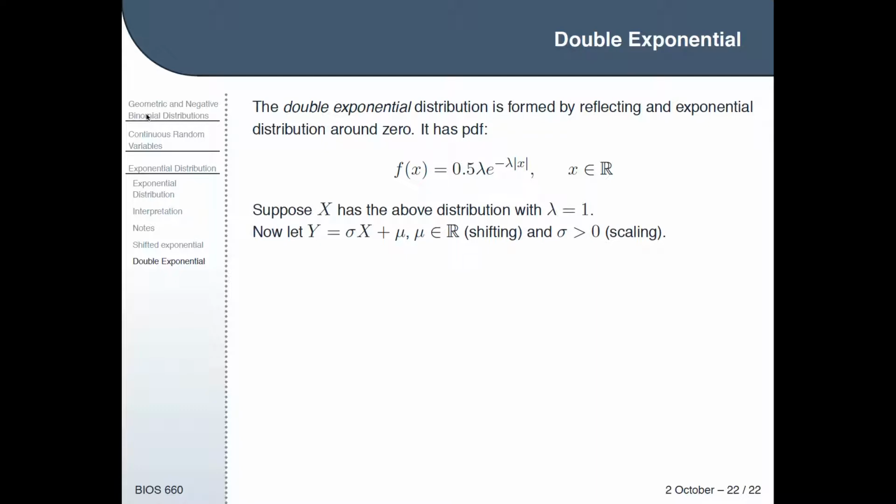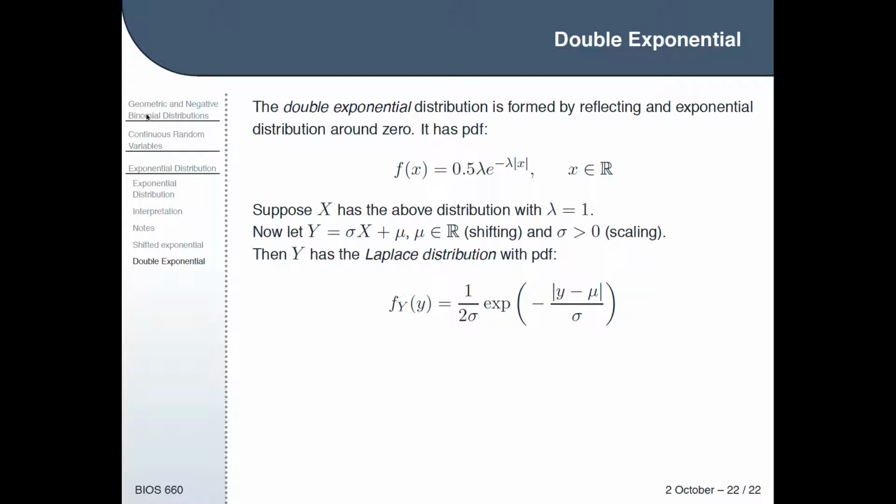And if you take this double exponential distribution and set lambda equal 1 and then do a transformation like sigma x plus mu, which again you can think of like shifting a normal distribution to have mean mu and variance sigma, then you end up with what's called the Laplace distribution.